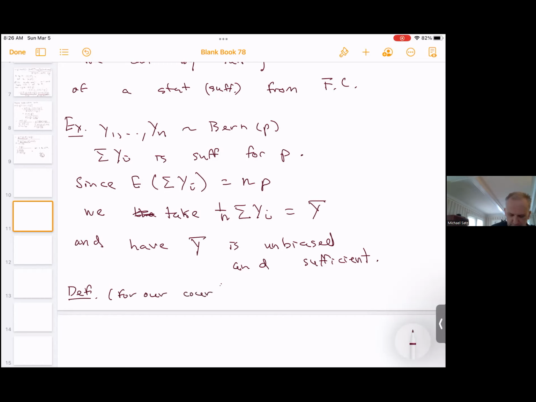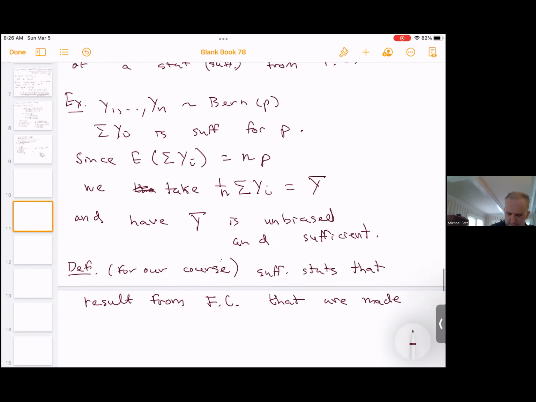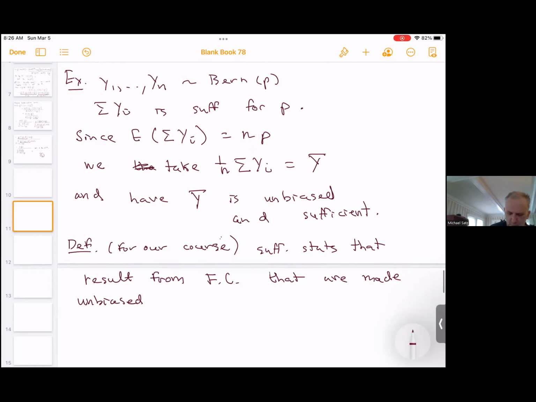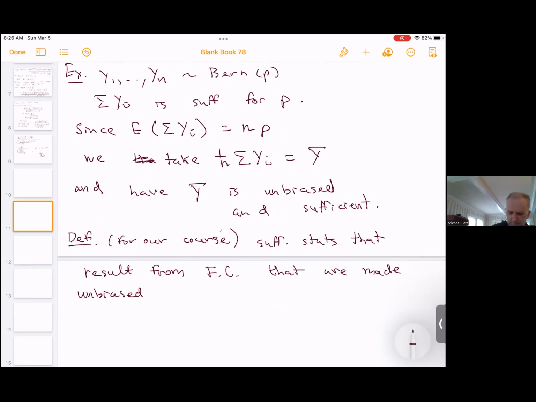There's a little more to really understand this better, so we don't want to get into this too much, but we'll say sufficient stats that result from factorization criteria that are made unbiased by taking a one-to-one function of them are called MVUEs.